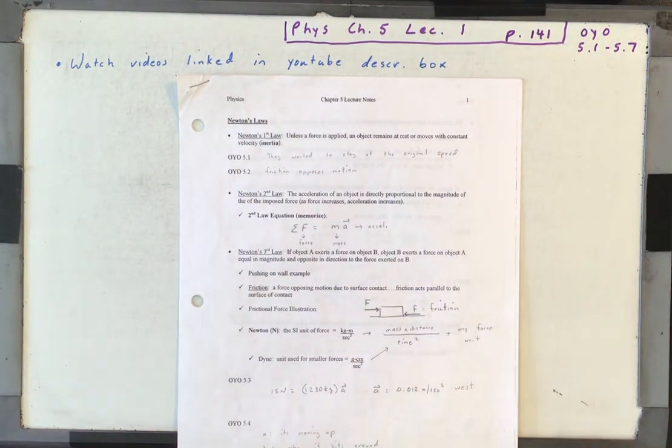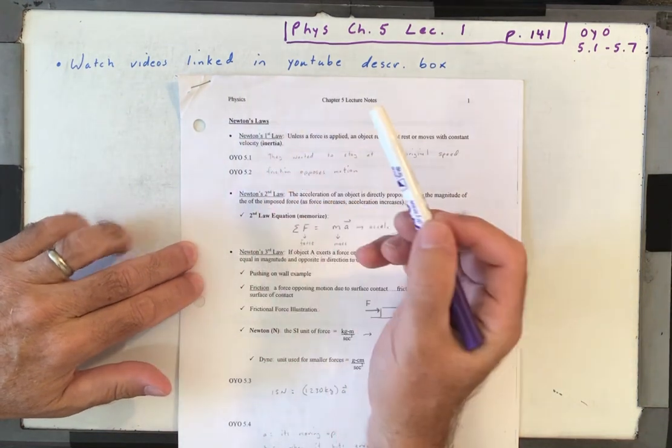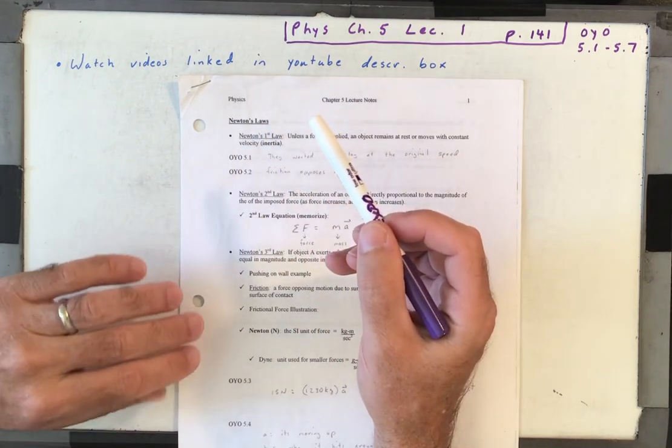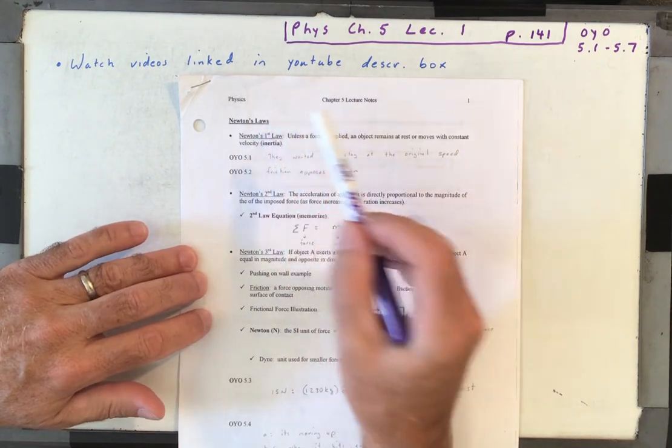So, probably if you've had a science course before, especially a physical science course in middle school, you talked about Newton's laws, okay? Isaac Newton, really the father of modern physics in a lot of ways.